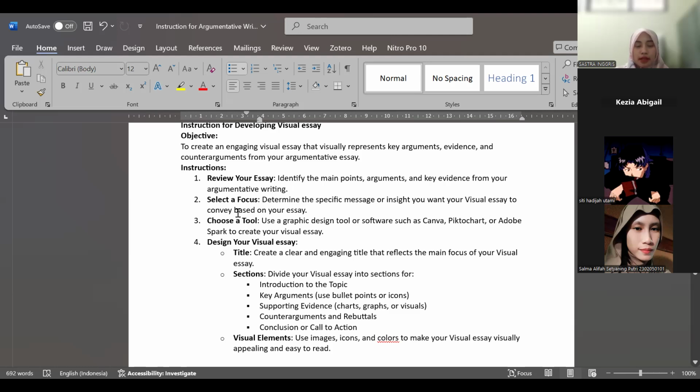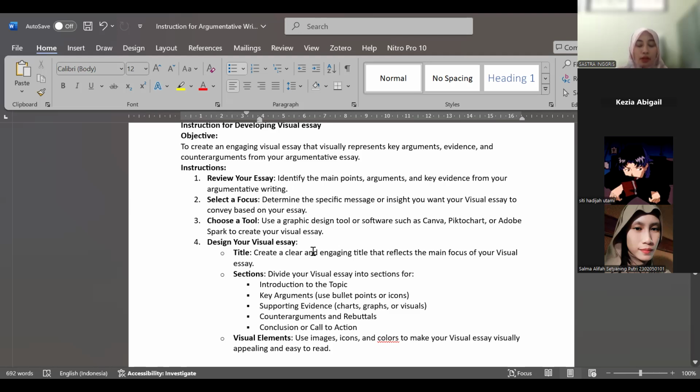The next one is select a focus. Determine the specific message or insight you want your visual essay to convey based on your essay. So what you need to do is attach some images or pictures that are related with your discussion. Then choose a tool.